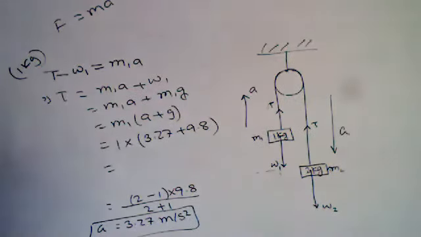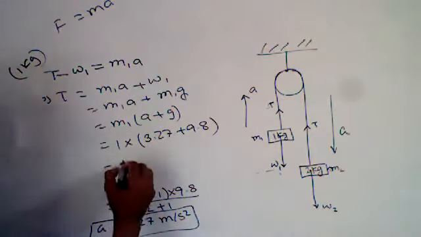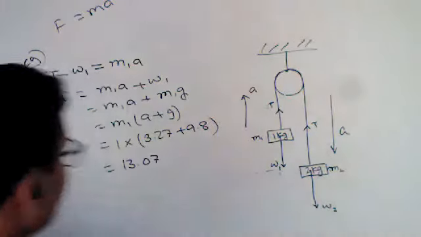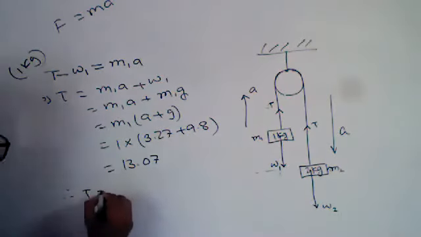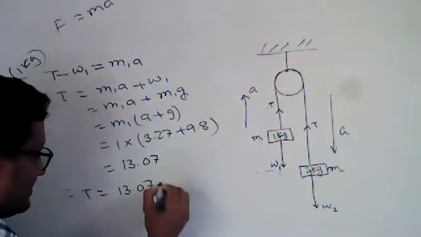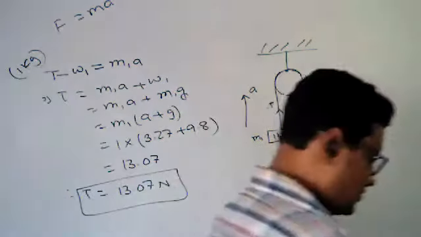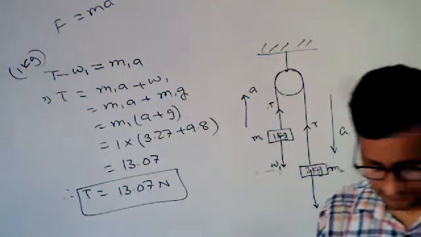So it will be 3.27 plus 9.8, which is 13.07. Tension is a kind of force. So here T equals 13.07 Newton. Okay. Now we know the value of tension.